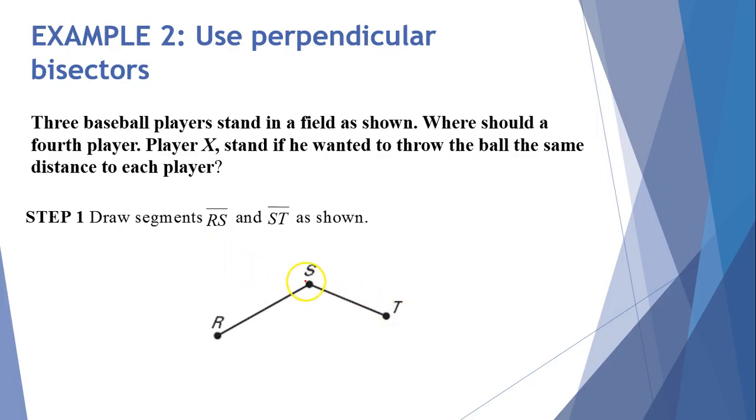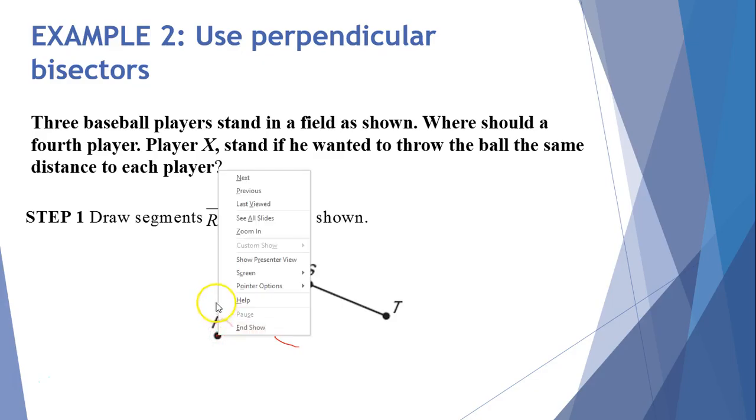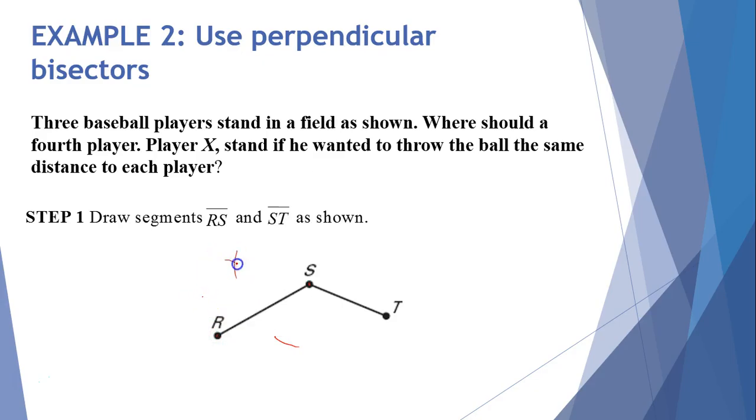And if you remember with your compass, how we bisect is we put the pointy end on one of the ends of our segment, and we draw an arc like that, and then go and put the pointy end on the other end of the segment and draw an arc like that.